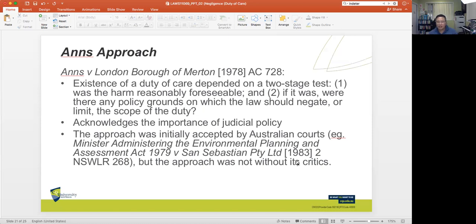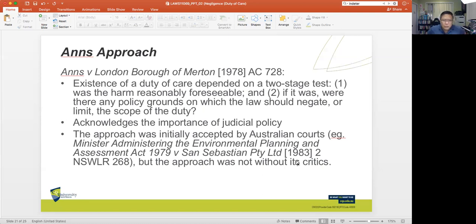And that, of course, is an acknowledgement of the importance of judicial policy, which I highlighted previously, the issue of potential judicial activism, where it is the courts that reshape tort law, as opposed to the state parliaments, for example, that determine what tort law ought to be, mainly because it is the state parliaments that, under a constitutional framework of government, are actually the branch of government that creates law.